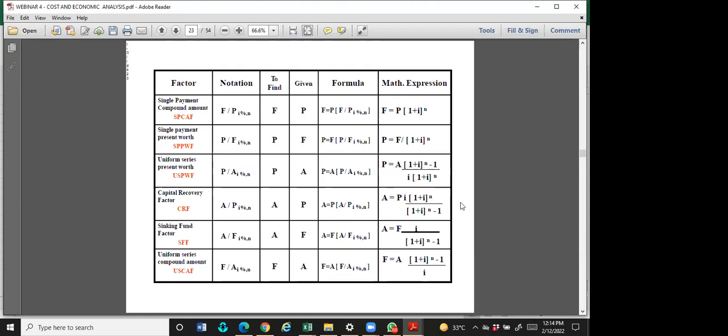Okay, so let me go back again. So can somebody help me with the interest table, please? At 15%, 6 years. Let's do one together.